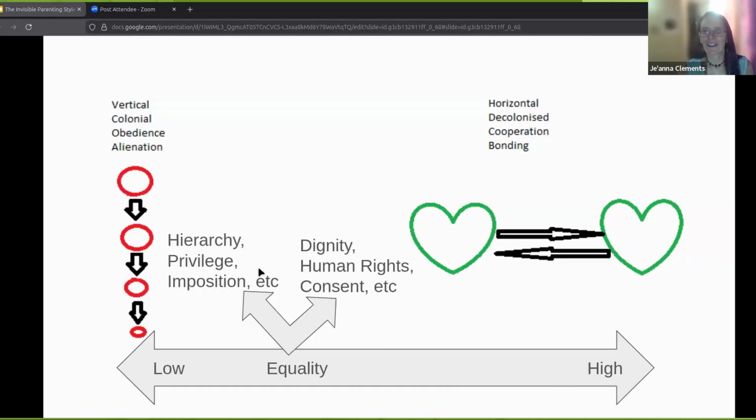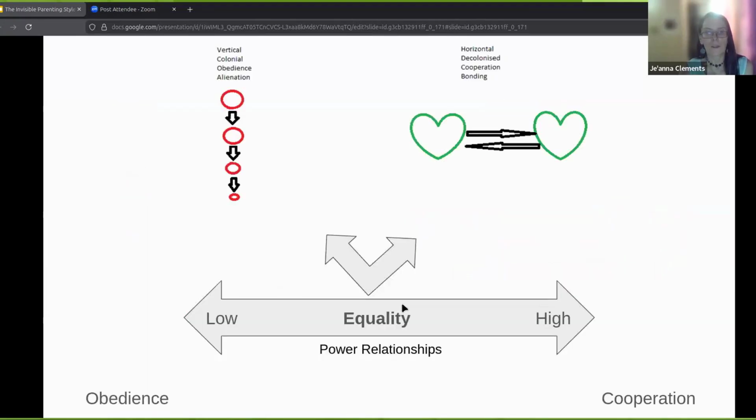Whereas if we're looking at higher levels of equality, we start getting into things like dignity and human rights instead of privilege, and issues of consent rather than imposition. We now have to find out if it's okay to ask you for something instead of just expecting obedience and imposing upon you.